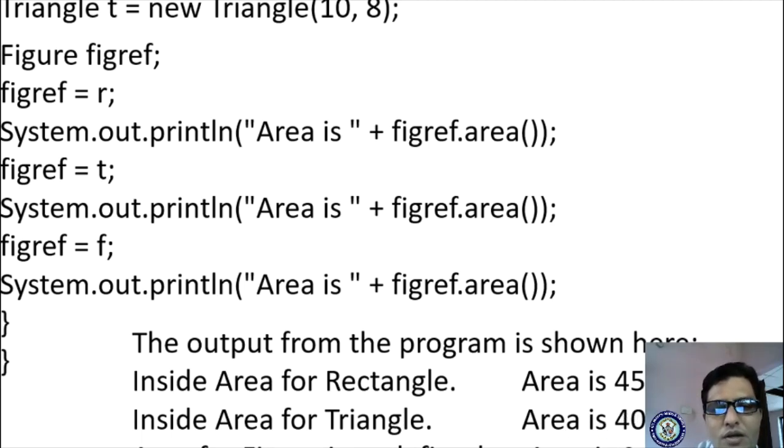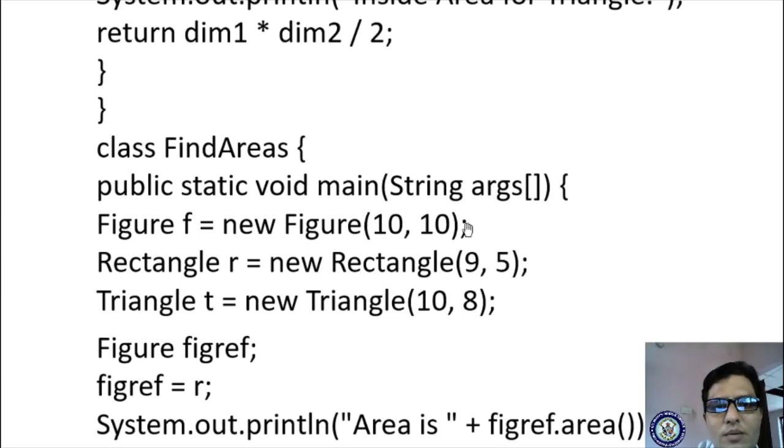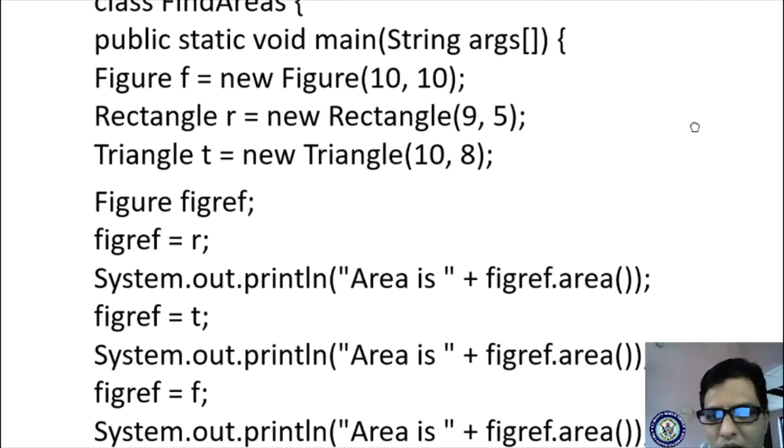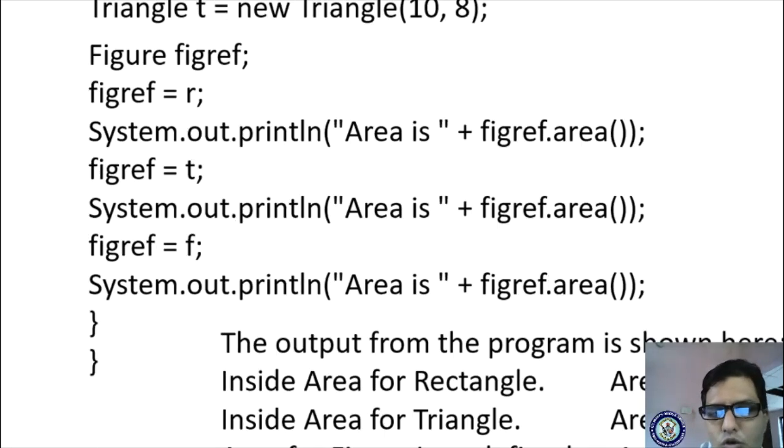If you call the area of a Figure, even though you have supplied the values 10, 10, it does not have any calculation part, hence whatever output you have specified it will return, and the area is returning the value 0. Okay, so likewise this program will execute.